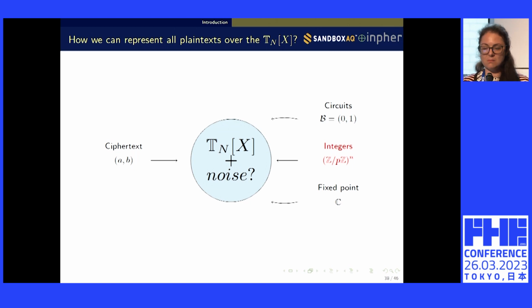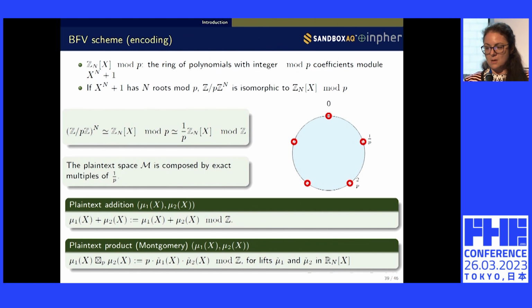Now we will see the first problem that we discussed, how we can map our plaintext on the torus, starting with the integers. We define the polynomials over the integers modulo p.